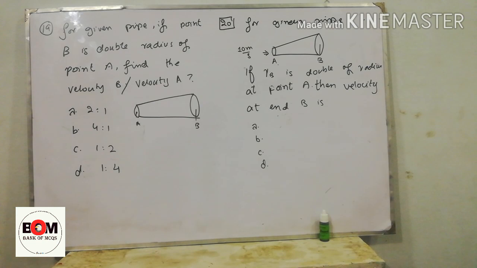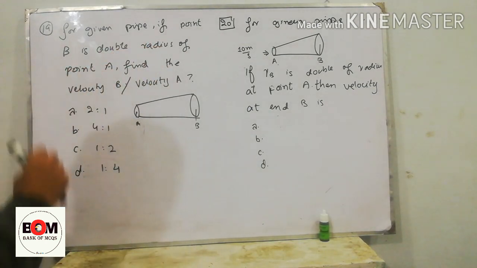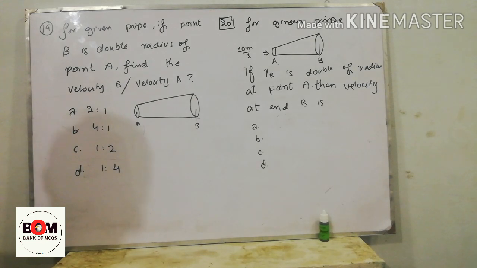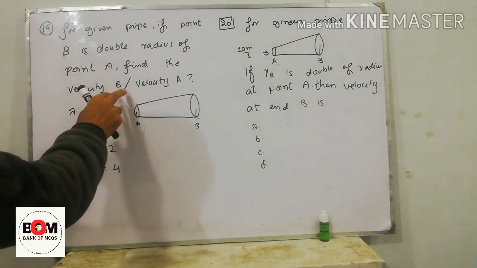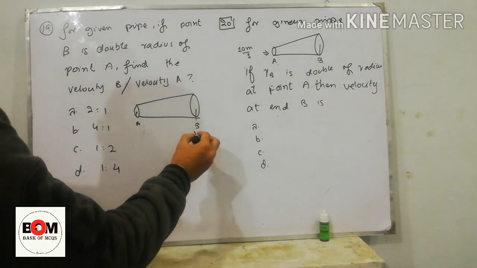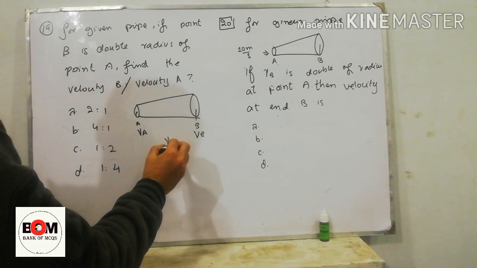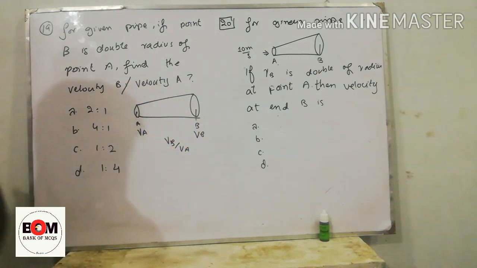Here are two more MCQs on the equation of continuity. Number 19, from 2019, states that for a given pipe, the radius at point B is double the radius at point A. We have to find the ratio of the velocity of B to the velocity of A, VB divided by VA.